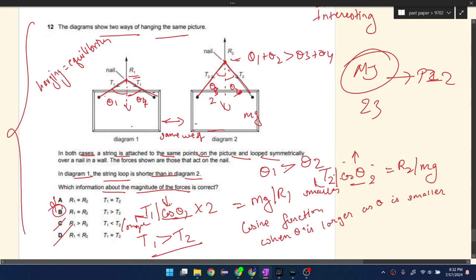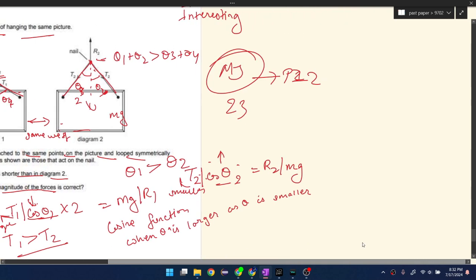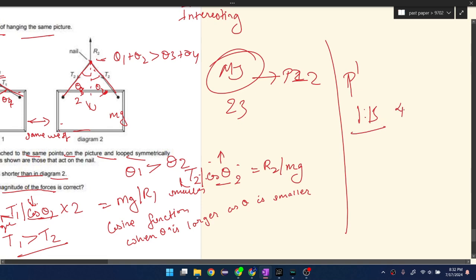Actually, why I said this was a difficult question was because this question came in paper 1. In paper 1, you have 1 hour 15 minutes to solve 40 questions, and although you don't have to write anything, this much working is needed for just a simple question like this.